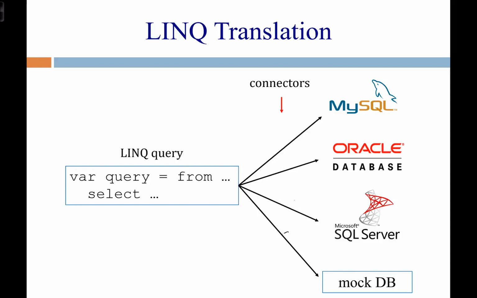So there is a connector for translating a LINQ query into something that just goes into a mock database instead of an actual MySQL database. So all we would need to do is change the connector that our scaffolded classes use, and then our LINQ queries will use a mock database instead of a real one.